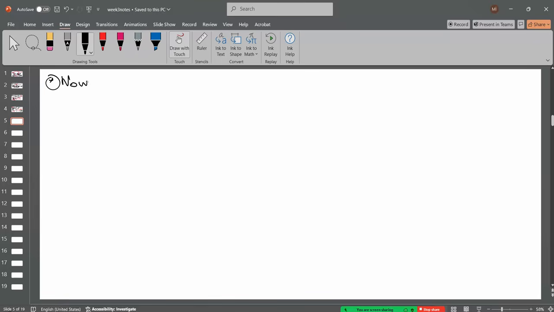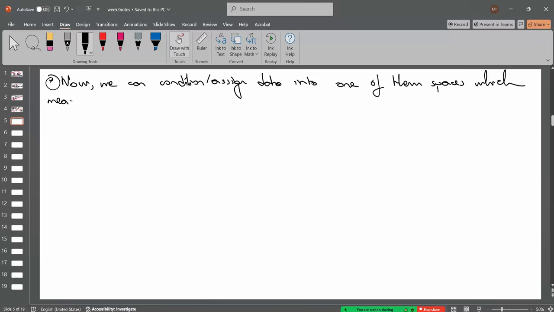First of all, now we can condition or assign data into one of these spaces, which means that we can classify it, or we can fit the classification or fitting problem with the hyperplane.